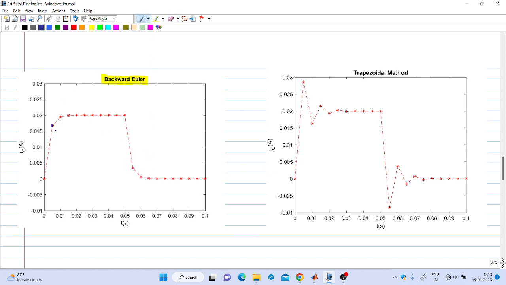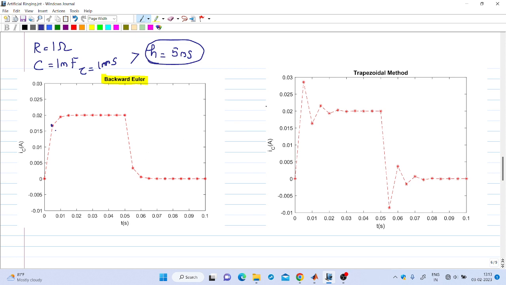Why is it so? It is because of the large step size that we have used, a step size of 5 millisecond, but the R value is 1 ohm and the C value is 1 millifarad. So the time constant of the circuit is only 1 millisecond. So the step size that we are using is greater than the time constant of the circuit. That is the reason for this error.